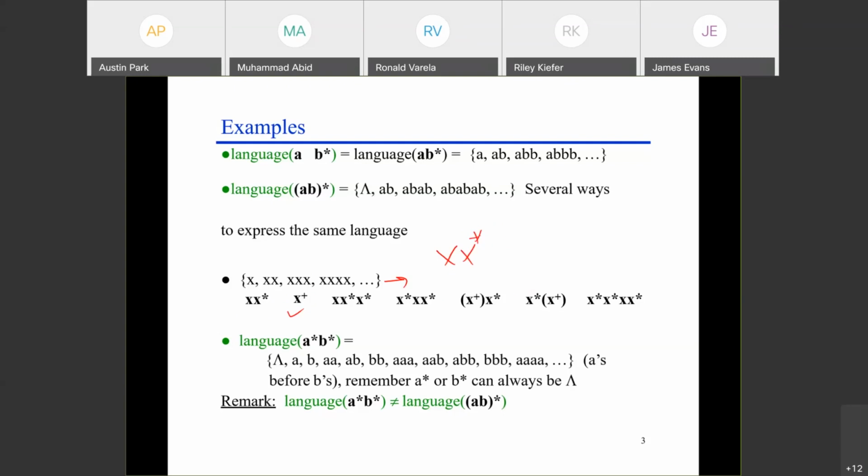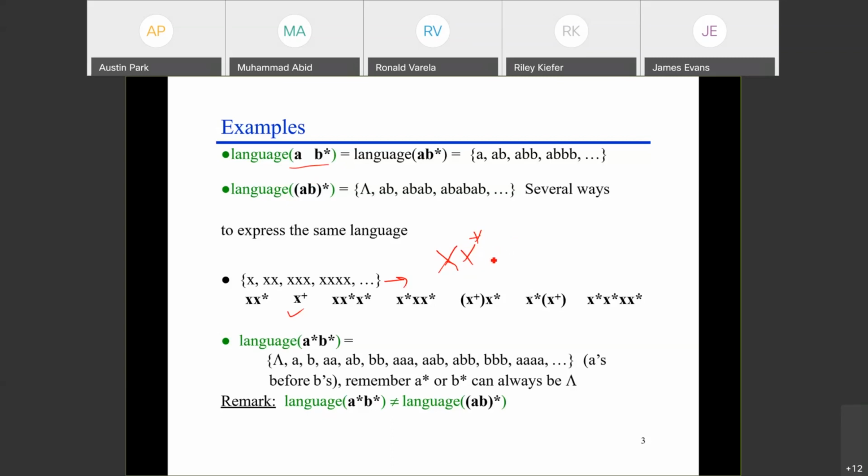Yes, I think so. Very nice. It is valid. How is it valid? X star will give you lambda and everything. But because we have one x before, it means that this star is not on this x. And because this x does not have any symbol there, it means you will have x every time. You will never have lambda in this set. It is exactly the way you saw this language.